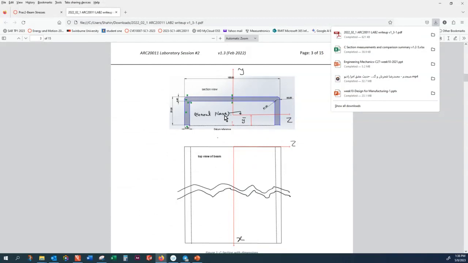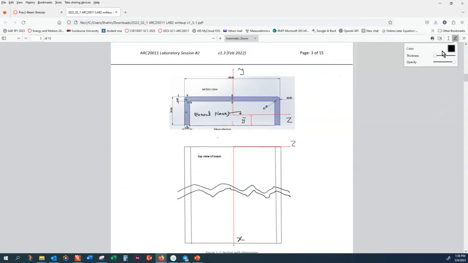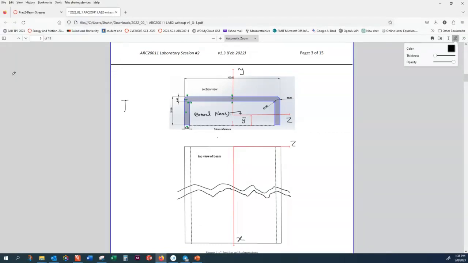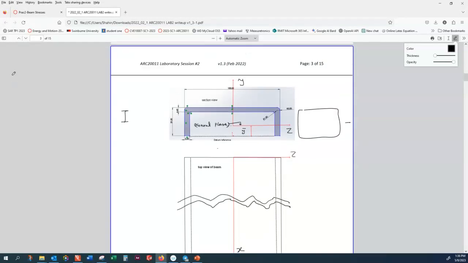Once you have this cross section and this neutral plane, you can find the moment of inertia of this surface. I for this one is a big one minus a small one, right? This is I bar 1, this is I bar 2.